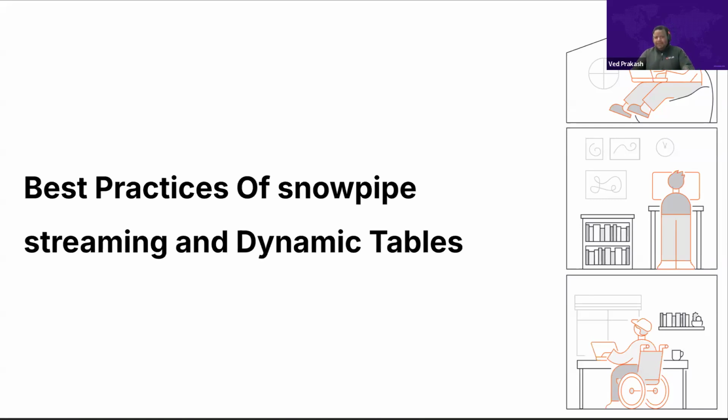For end-to-end monitoring, monitor the entire data pipeline from sources to dynamic table to identify bottlenecks, and plan for schema changes in your data. Schema evolution is something that always keeps changing, so the streaming setup should adapt to these changes gracefully.